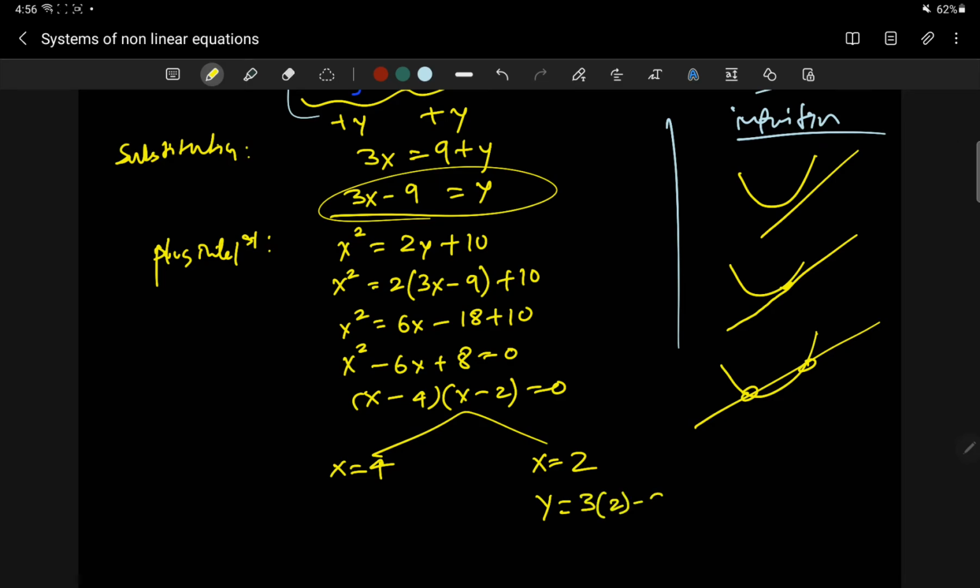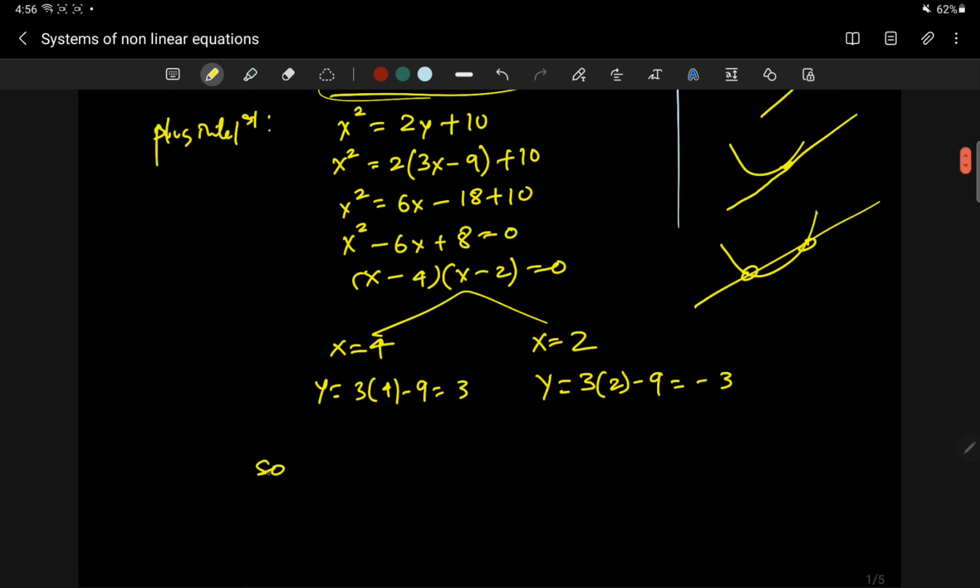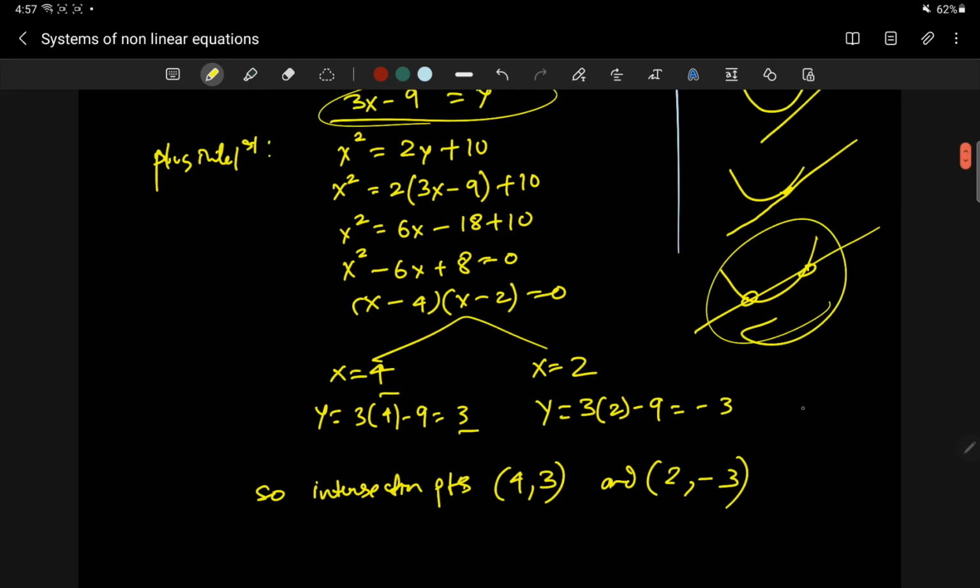It's 3 times 2 minus 9, which is negative 3, and 3 times 4 minus 9, which is 3. So the intersection points (x, y) are (4, 3) and (2, negative 3), which means that it is this last scenario where there are 2 intersection points.